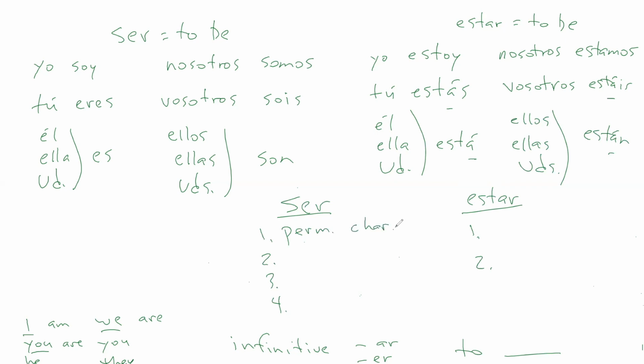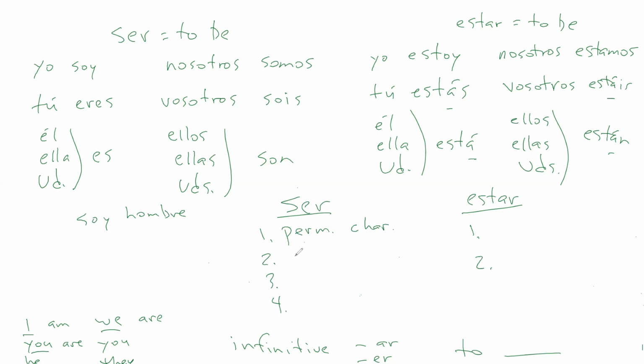Something like soy hombre, right? I'm a man, right? Soy Chris. If somebody were tall, say, Shaquille O'Neal es alto. How somebody looks, Brad Pitt es guapo. It's a permanent characteristic, right?